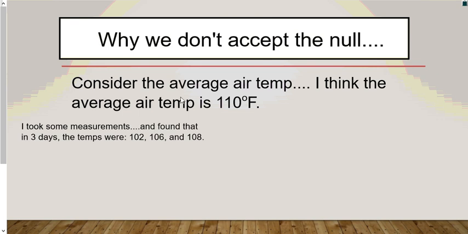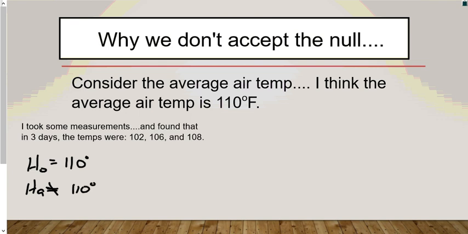Consider the average air temperature, and I make the claim the average air temperature is 110 degrees. If I let that be my claim, and I say H null is 110 degrees, then the alternative would be that it's not actually 110 degrees.